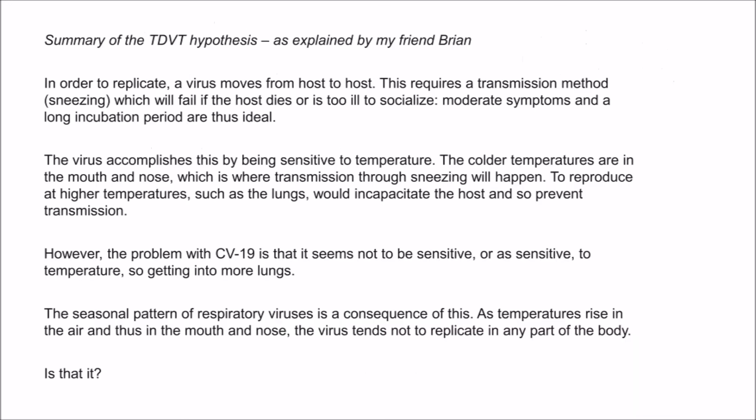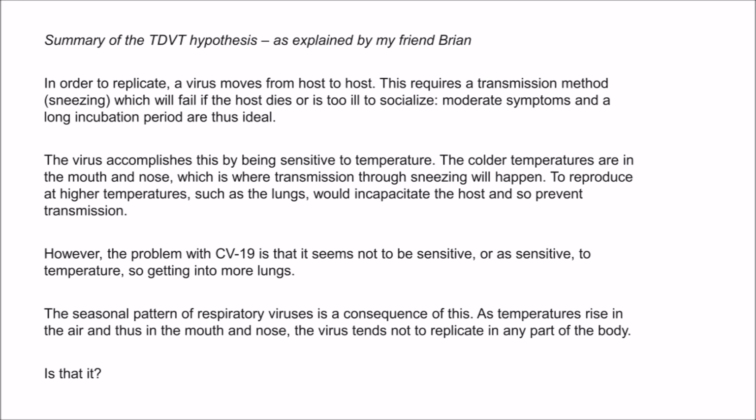Now, I find that scientists very often don't understand the TDVT hypothesis, and I'm not sure why. On the other hand, non-scientists usually do, so I'm going to quote my friend Brian when he summarised the main hypothesis. This is what he said. In order to replicate, a virus moves from host to host.